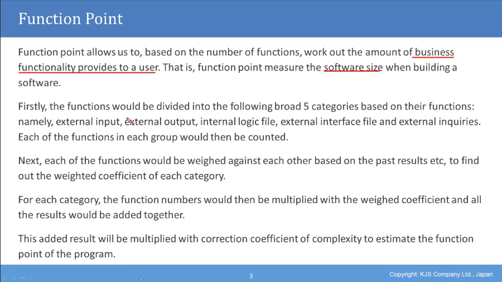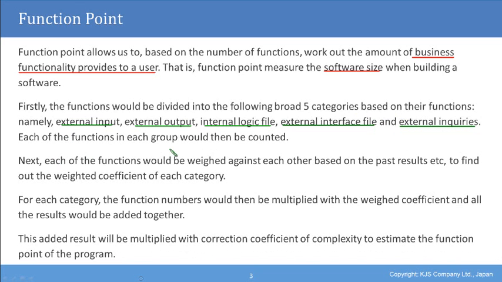Firstly, the functions are divided into the following 5 broad categories: the external input, the external output, the internal logic file, the external interface file, and finally the external inquiries.